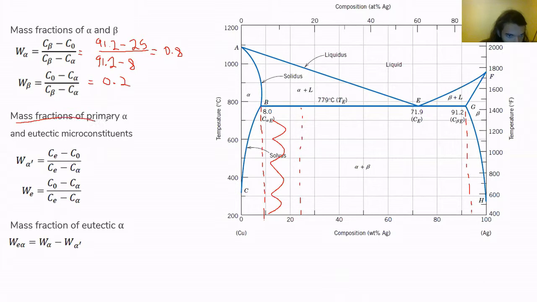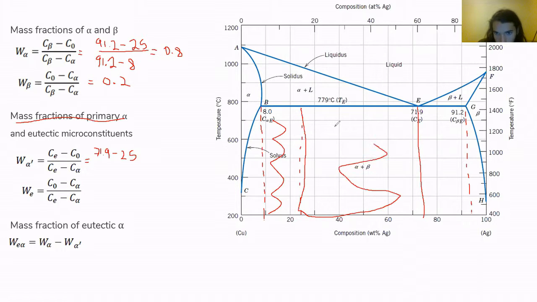Then we're going to find the mass fraction of primary alpha with this formula again. So the composition of the liquid, which is 71.9, minus 25, so basically this part over this whole part.